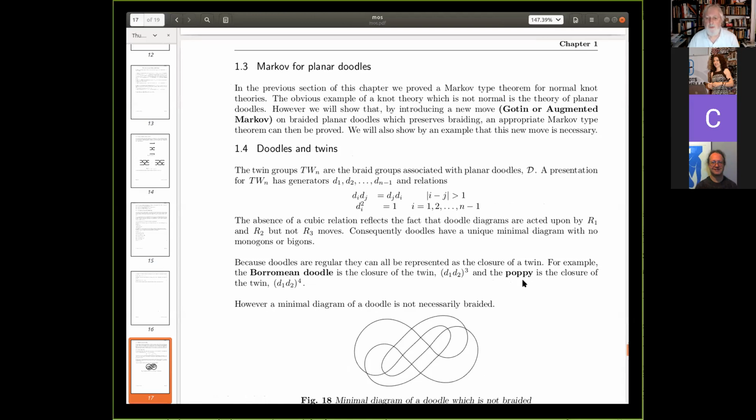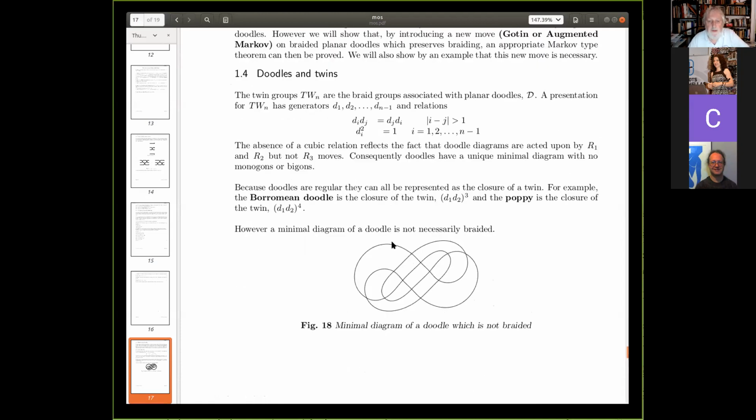I didn't draw a picture of the Borromean doodle. I'm sure you know what a Borromean doodle is. But anyway, it's the closure of this twin here. Here's a doodle, and it is minimal. It's minimal because it doesn't have any bigons or monogons.